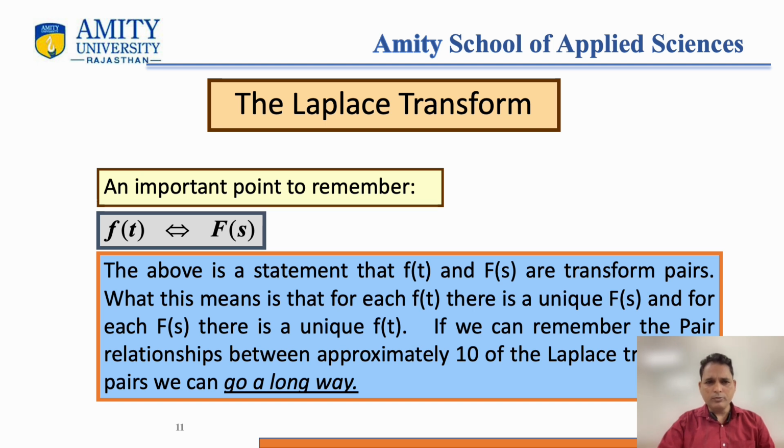For each f(t) there is a unique F(s), and for each F(s) there should be a unique f(t). We can remember approximately 10 Laplace transformation pairs, because they are quite useful for solving Laplace transformation questions and our problems.